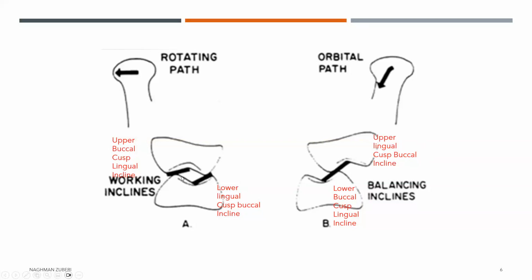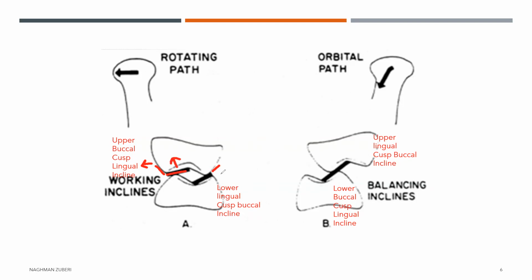Now, which inclines do we have to see for the rotating path? If you look at the teeth, the buccal cusps and the lingual cusps. The buccal cusp has two inclines: the buccal incline of the buccal cusp and the lingual incline of the buccal cusp.